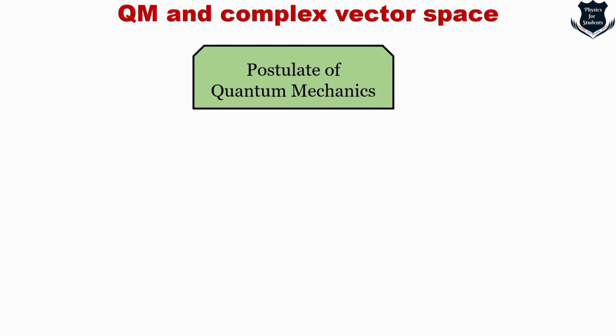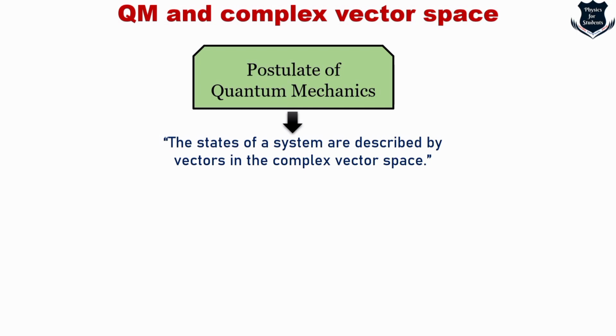Now, one of the postulates of quantum mechanics actually says this: the states of a system are described by vectors in a complex vector space. So the first question we are addressing is why quantum mechanics deals with complex vector space. Because one of the postulates, which is the Copenhagen interpretation of quantum mechanics, tells that the states of a system are described by complex vector space.